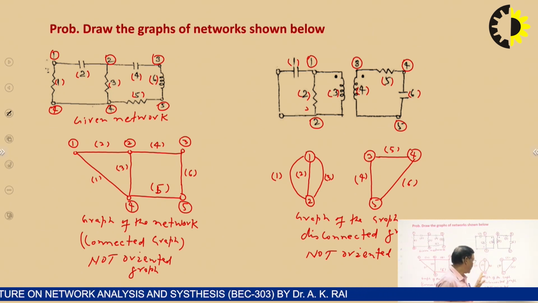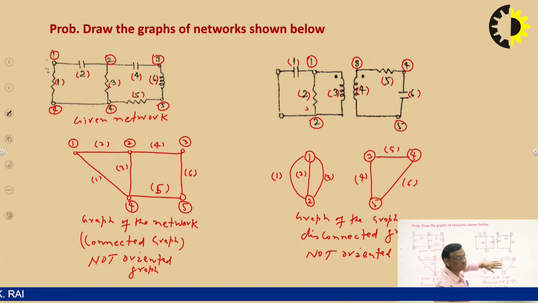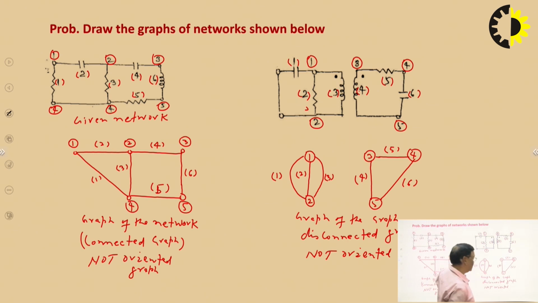So this is the disconnected graph, and this is the connected graph. And as of now, these two graphs are not oriented.